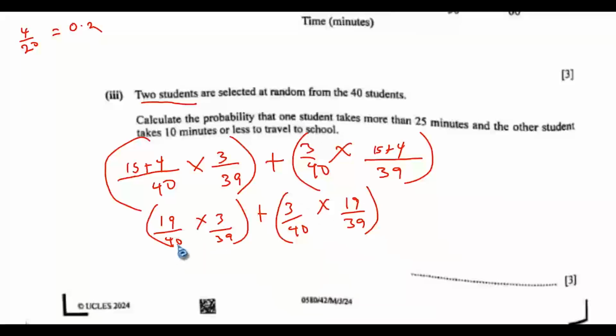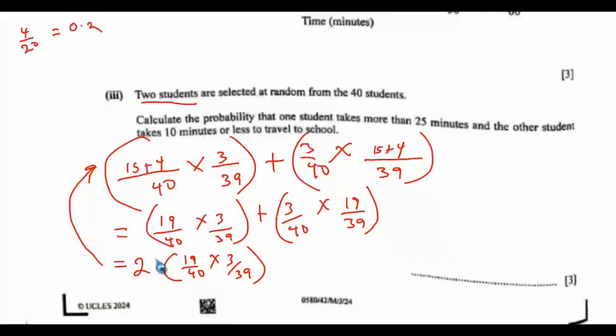For the denominator, we still have 40 by 39, so they are the same. So you can easily say 2 multiplied by any one of them, that is 19 over 40 multiplied by 3 over 39. You can simply write this from the beginning so that you can get your answer straight away, but it doesn't matter. I just want to show you how this goes.